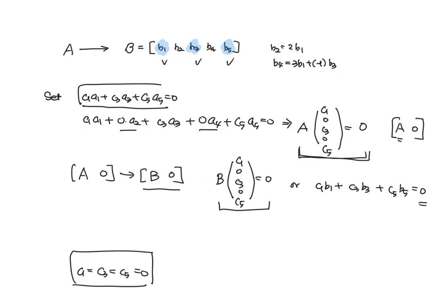I started with this assumption: I initially assumed that a certain linear combination of these 3 vectors is 0, and I could derive that C1, C3, C5 are all zeros. So that means the set of A1, A3, A5 is linearly independent. So if I consider some pivot columns in the A matrix, they are linearly independent. Okay?